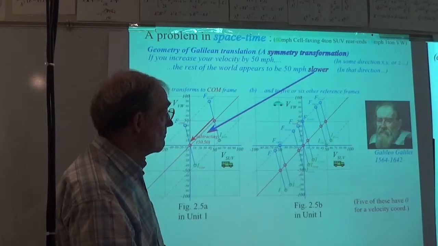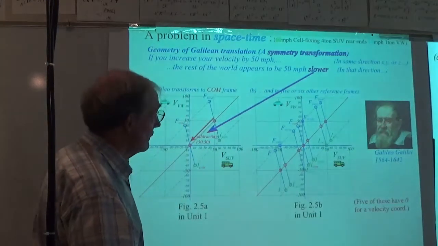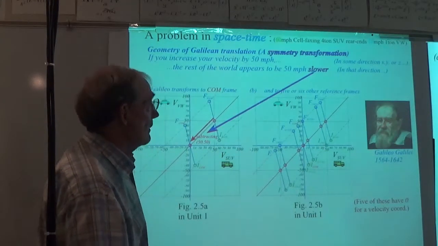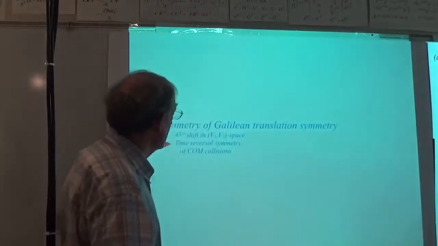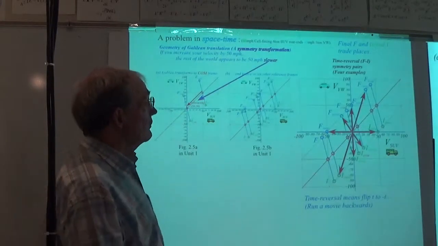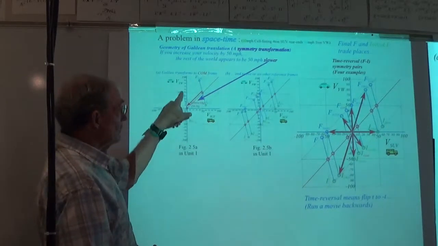So 5 of these have 0 for a velocity coordinate, but all the rest of them pretty much don't. But this one is very special. That's the one that you might call a time symmetry. This guy, very special.